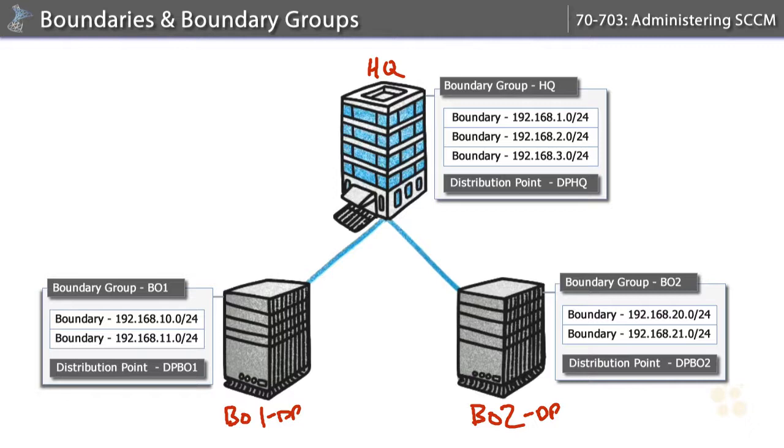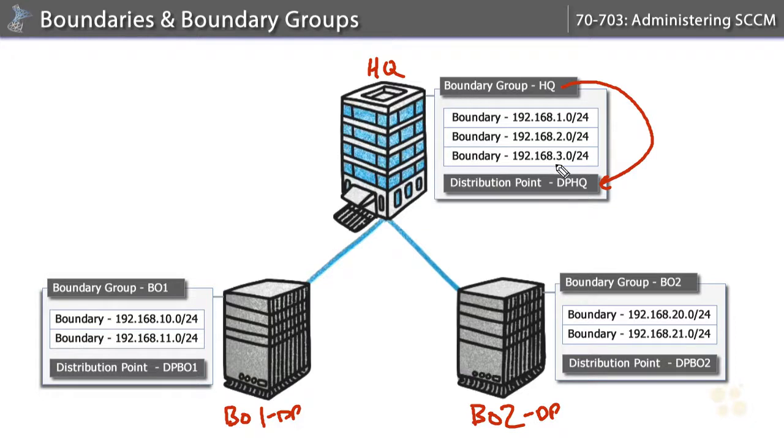We're just defining our logical network segments within Configuration Manager. Boundary groups are where things begin to sizzle, because what we do is associate these boundaries with a boundary group, and then we associate site system servers containing specific site system roles, again, distribution points, management points, software update points, and even state migration points with that boundary group.